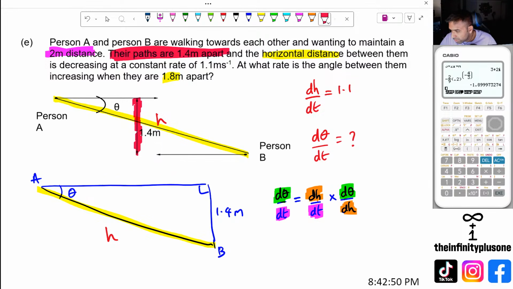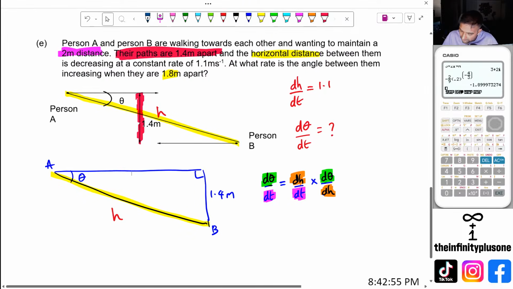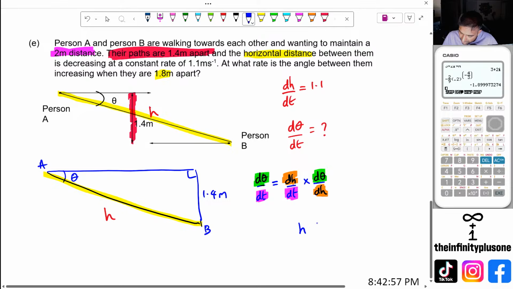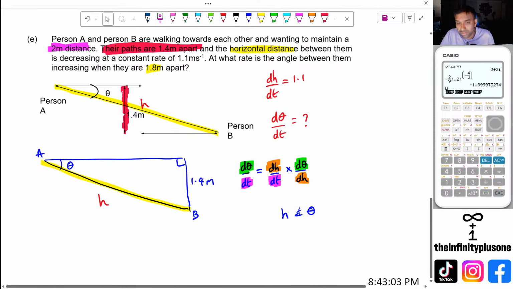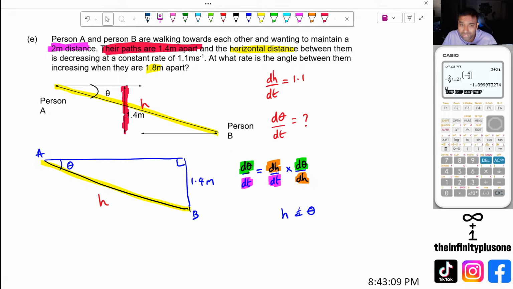Okay, Palomason, you're asking me a really good question. How do I connect h and theta? If you look at your triangle, you should be able to connect h and theta using just basic SOHCAHTOA.